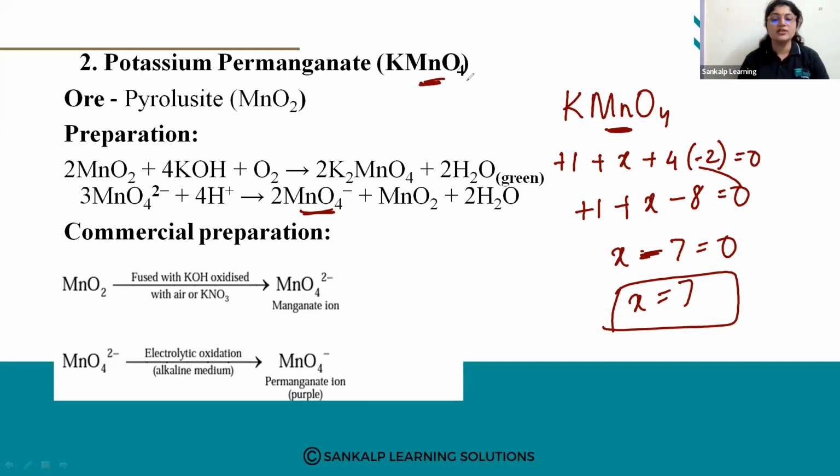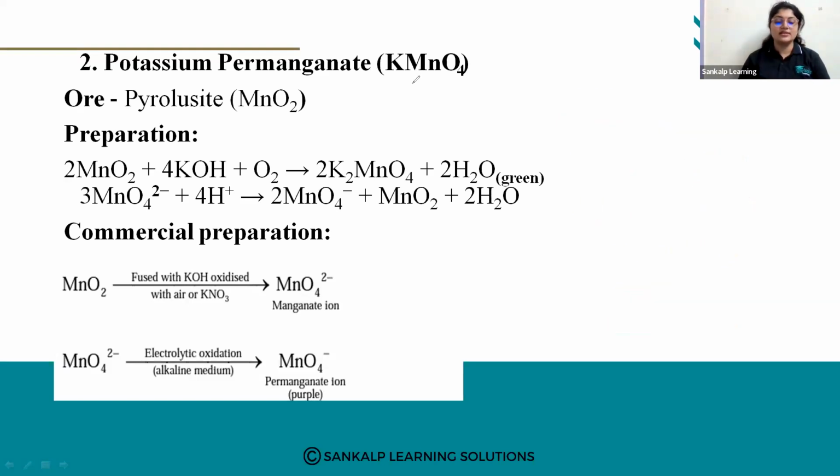Now, what are the properties of KMnO4? Potassium permanganate is a good oxidizing agent, particularly when acidified.